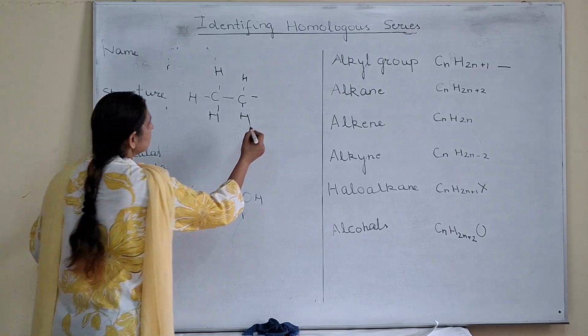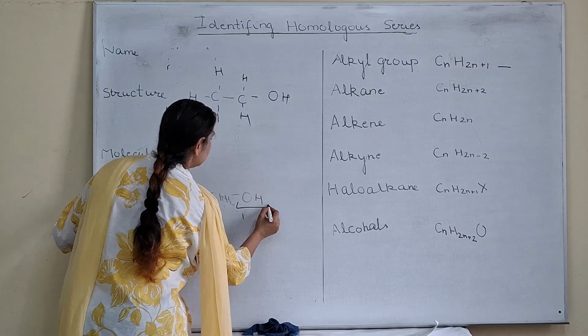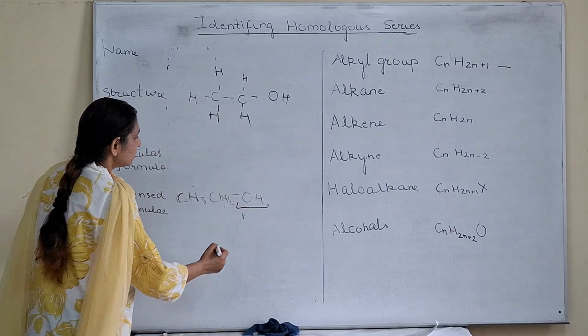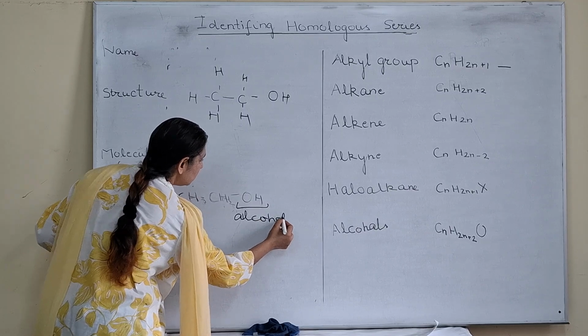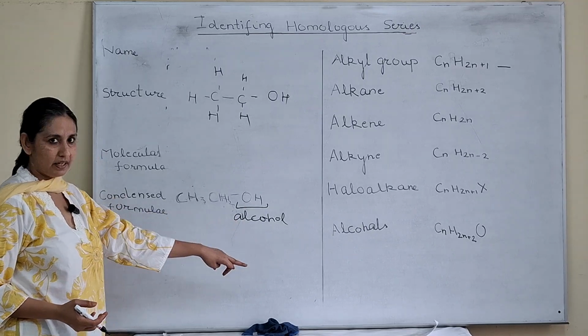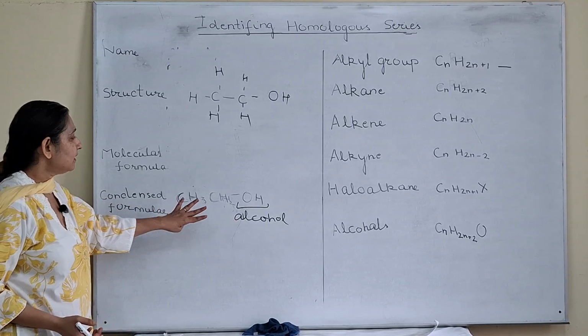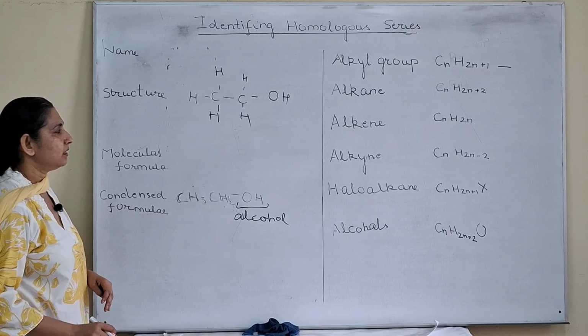Now this group we can already see as a separate thing, which is definitely an alcohol. If you have OH in the end or anywhere, then that compound is always some form of alcohol.